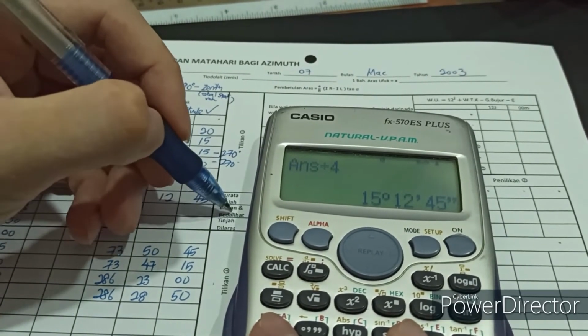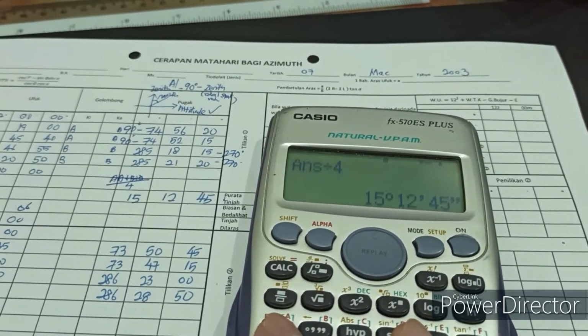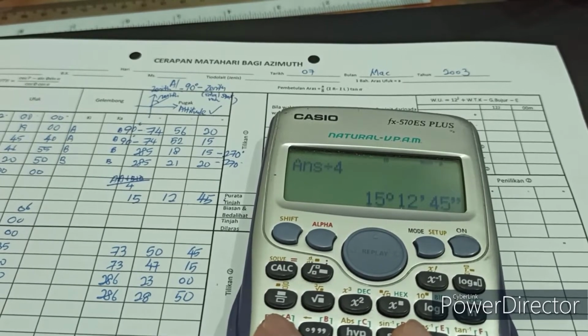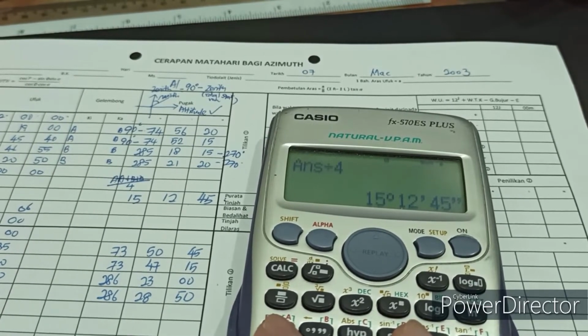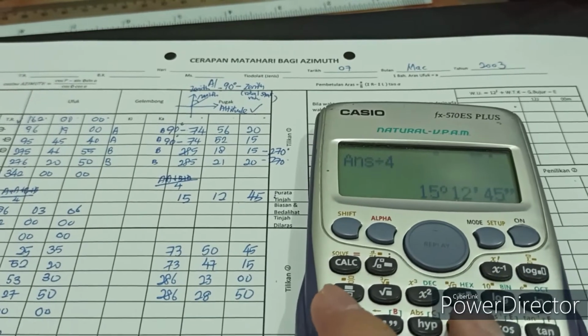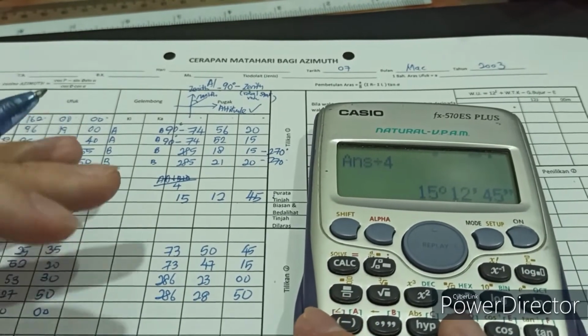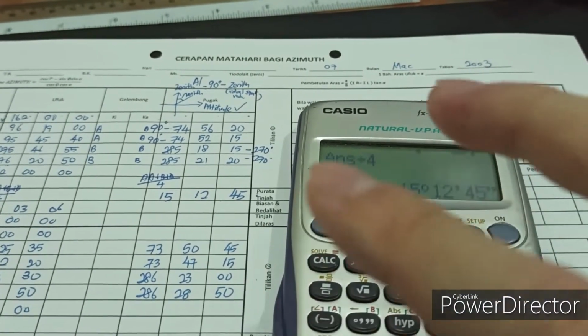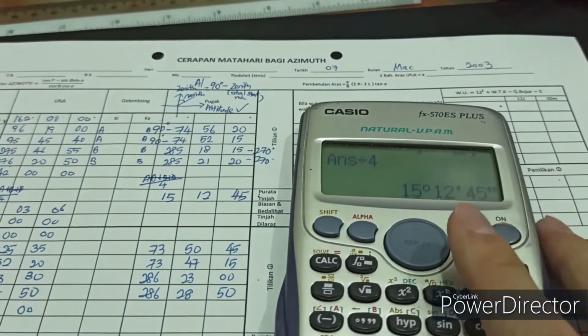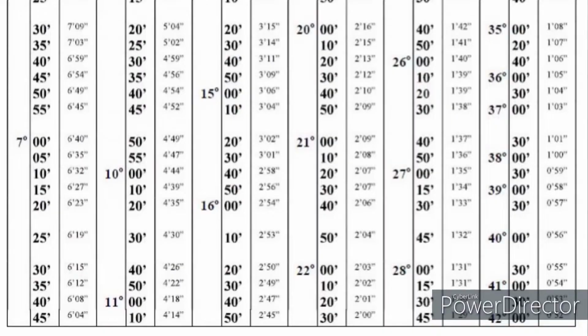So the refraction we will read from the table of Perez error. I will put a diagram of the Perez table on the screen. Okay, from the table we can get the value for the correction.